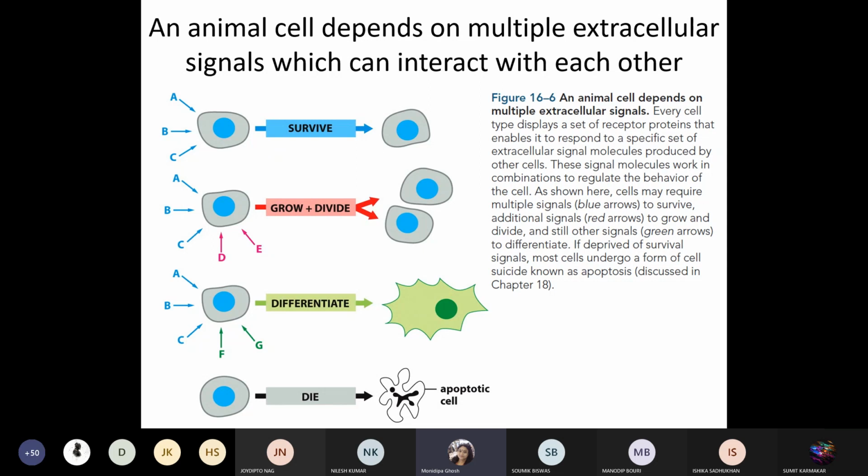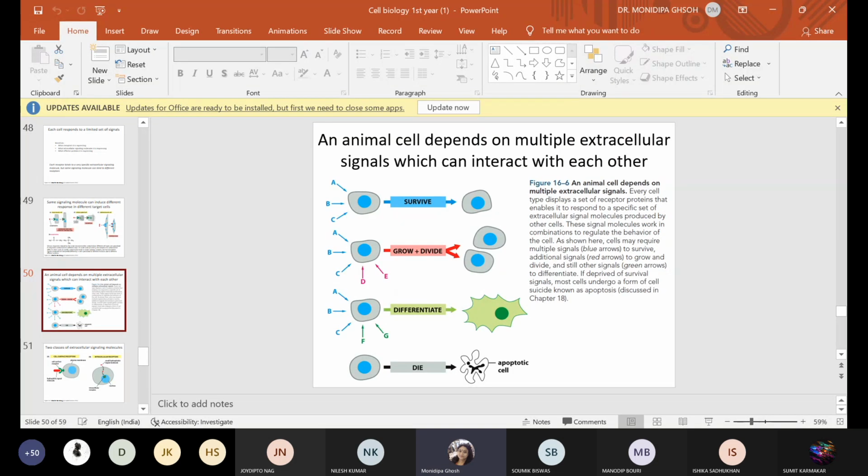Whenever the function is done, the mechanism of action is stopped. In survival also, the cell follows the same rule. The cells which need to die go to the apoptotic pathway and face programmed cell death. So all are doing their functioning under the influence of signaling molecules.